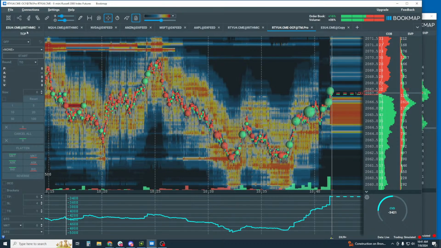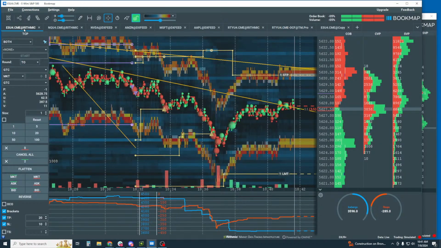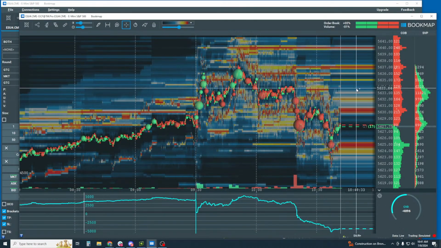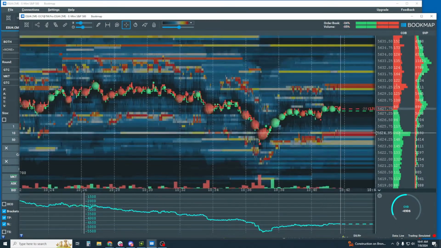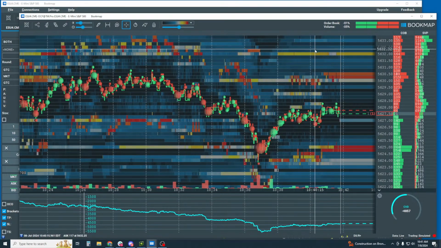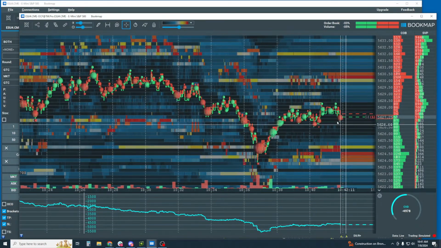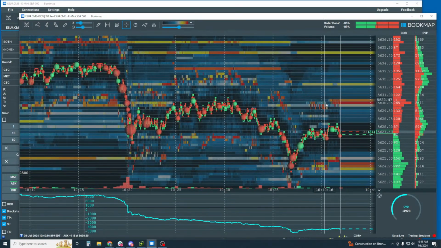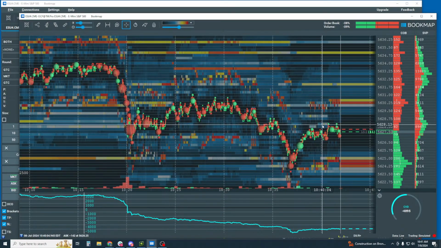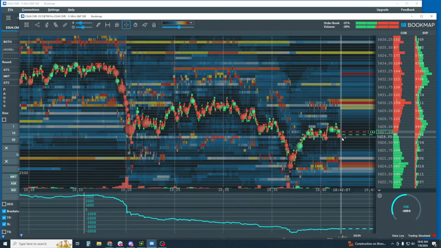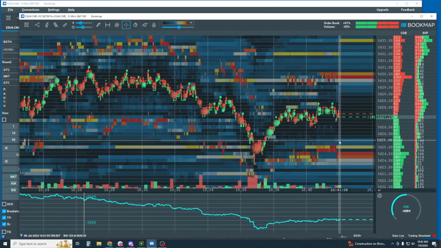So here we'll jump back to the ES in the tabs, and then we'll look at TraderMap Pro in here. Okay, some liquidity just traded in here, and then we're starting to see a little bit of selling come in, but not a whole lot.